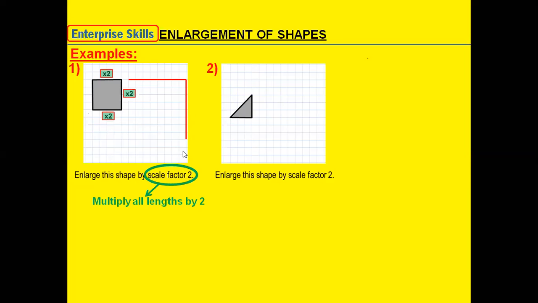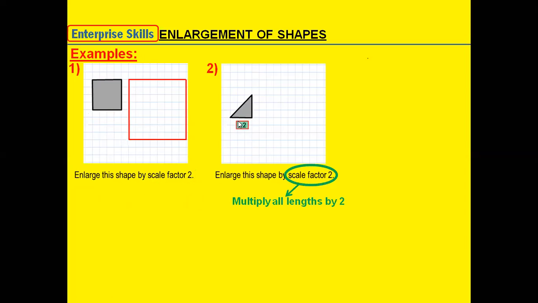It's going to be 8 by 8. It doesn't matter where you draw it. For the triangle, it's 3, 3, leave the diagonal till the end. The scale factor is 2, so instead of 3, you're going to have 3 times 2, which is 6. So we draw 6, with another 6 here, and then match your diagonal.